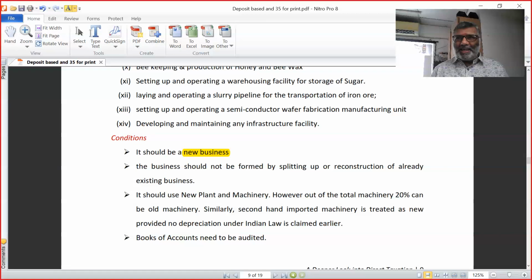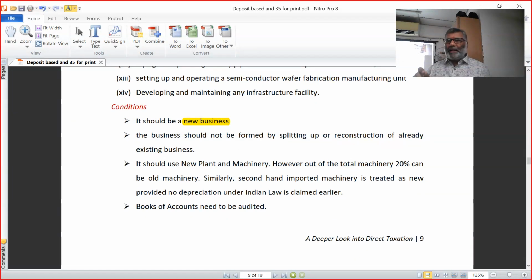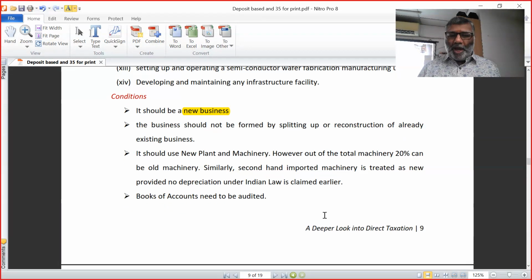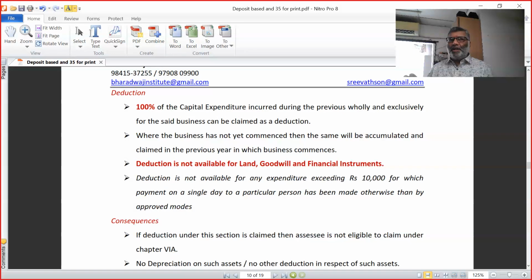The continuous third section you are seeing, books need to be audited. So what are all the conditions? New, what is new, and books need to be audited. If these conditions are fulfilled, what is the deduction? 100% of the capital expenditure incurred during the previous year is allowed as deduction, and also past expenditures.